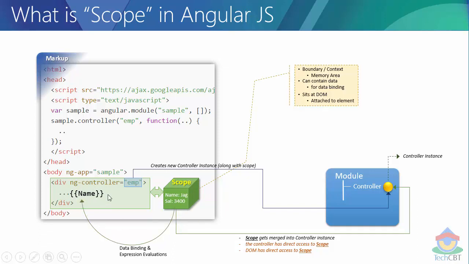All of those expressions will try to fetch the data directly from the scope. If the scope doesn't have that data, it simply skips it. If it has it, those values will be directly replaced as part of the evaluation. As I mentioned, the controller instance will be sending the data to the scope, and the scope can send it to the view based on the data binding and the evaluation of expressions you have in place.